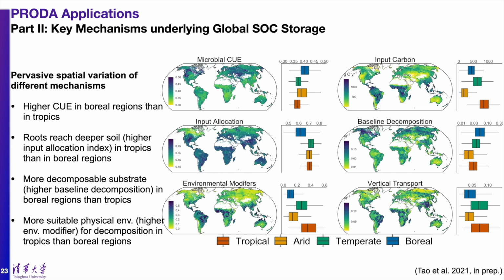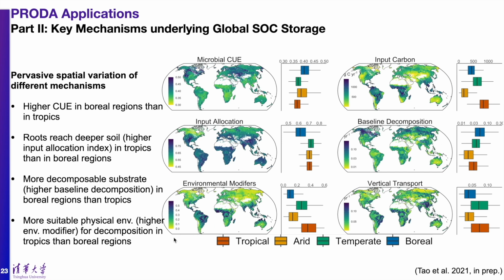For example, we observe microbial carbon use efficiency is higher in boreal regions than in tropics, and the plant roots can reach deeper in tropics than in boreal regions, as indicated by the higher input allocation index. For the decomposition processes, the substrate is more decomposable in the boreal regions, as indicated by higher baseline decomposition index.